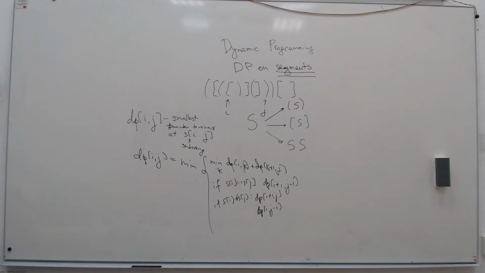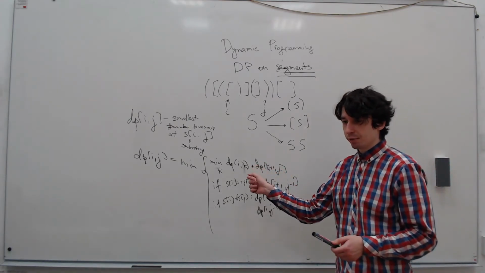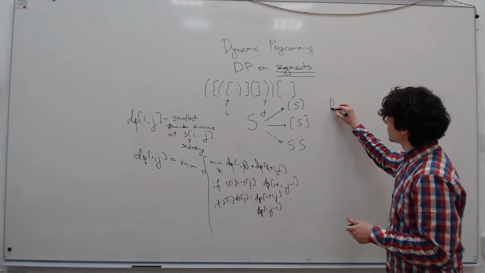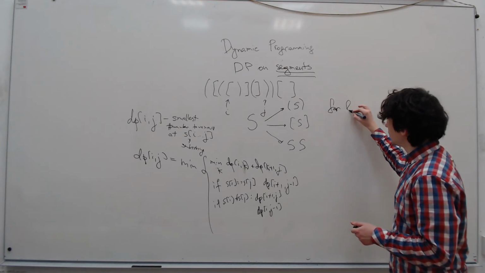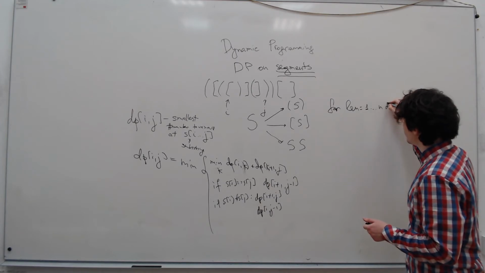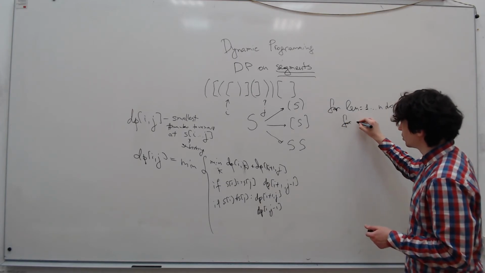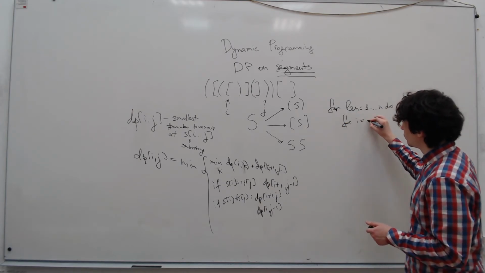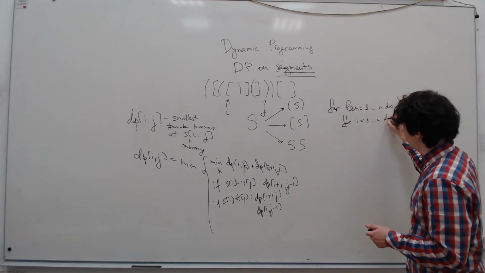The question is, how should you traverse the dynamic programming itself? We will traverse it by length of the substring. So we will start with len of the substring from 1 to n, and then we traverse I from 1 to n.